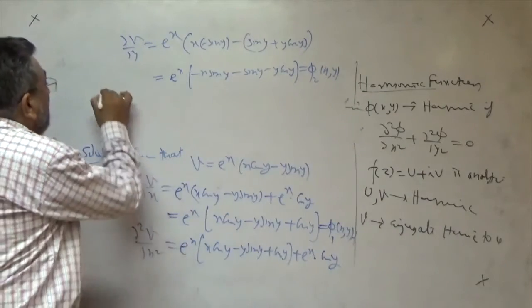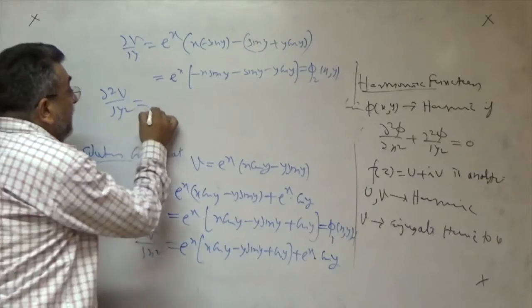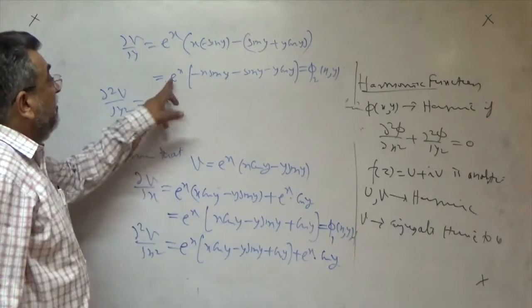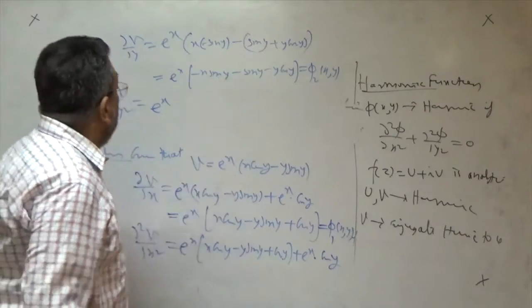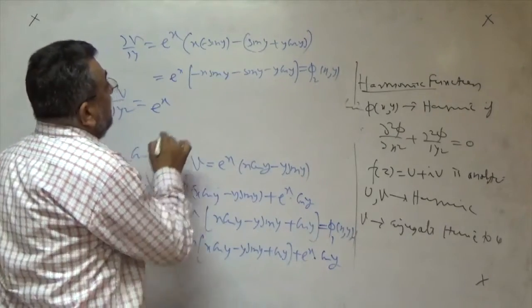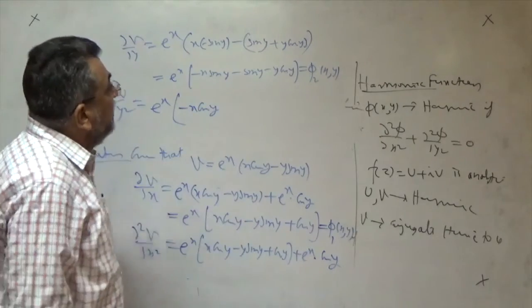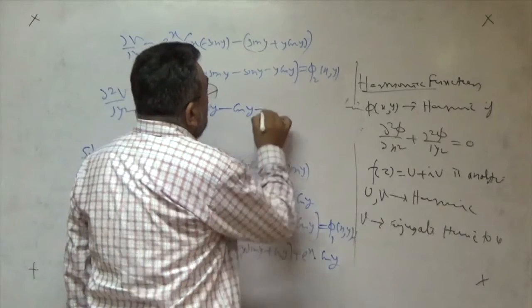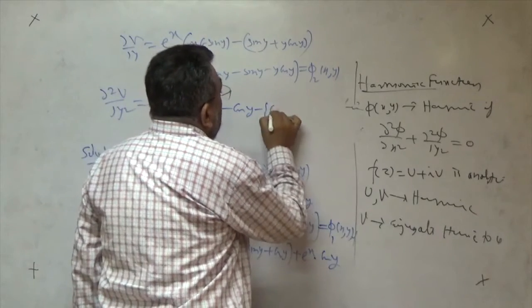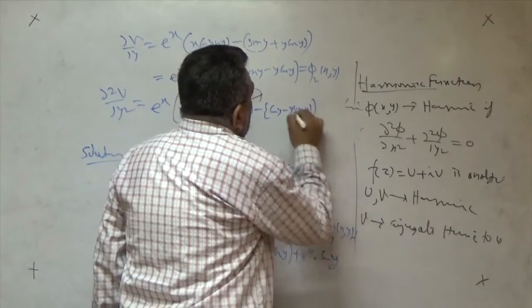Now differentiating it again partially with respect to y. Again by the multiplication rule, the first function, that is not a function of y, so this is the first function. We have to differentiate only this function with respect to y. Then this is minus x, the differentiation of sin y is cos y. This is by the multiplication rule, first function y cos y minus y sin y.